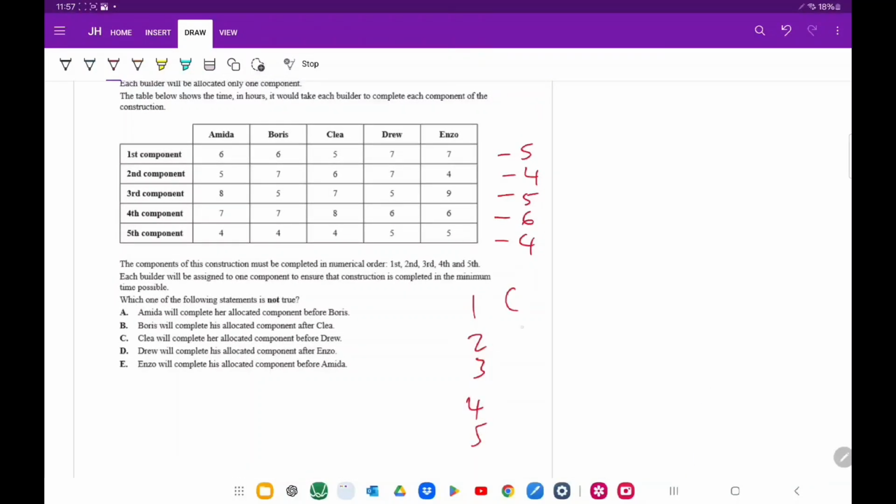So we end up with C, E, B, D, A as our solution. We only need to go through one pass, so our answer is A. So in this case, it's not true because Amita will complete her allocated task after Boris.